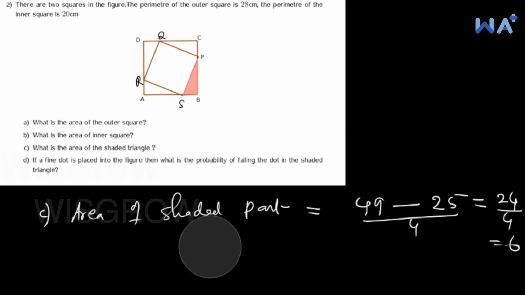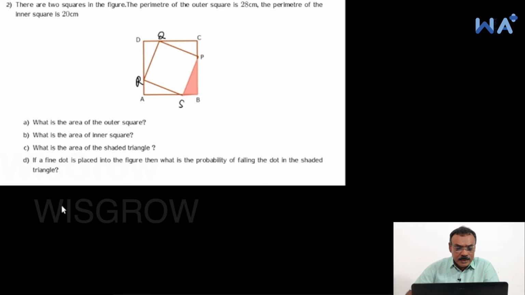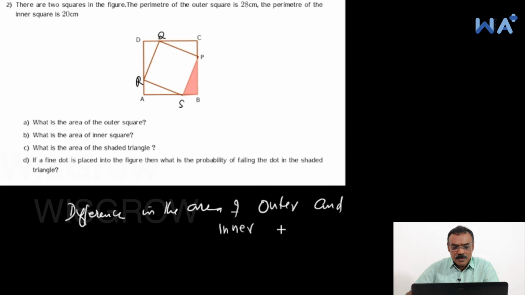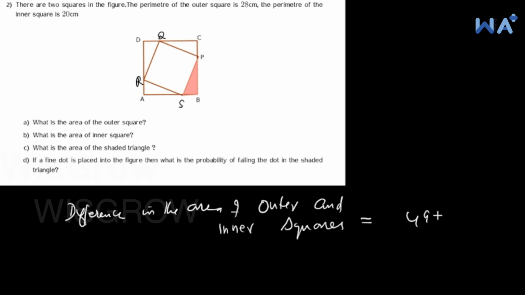This can be explained in another way. ഇവിടെ the difference in the area of outer and inner squares, അത് എത്രയാണ്? 49 മൈനസ് 25, that is 24. ഈ നാലിൻ്റെയും ചേർന്ന് ഈ 4 ഭാഗത്തിൻ്റെ ഏരിയയാണ് ഈ പറയുന്ന 24.